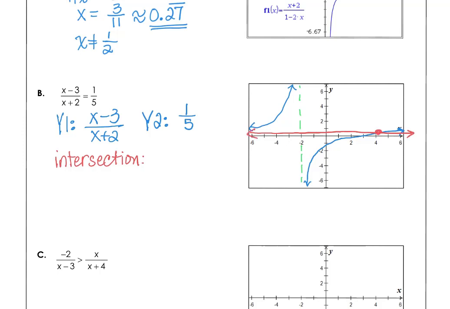And then using the intersection feature, they should intersect at 4 and 1/4, and 1/5, which is 2/10. So we intersected at 4.25 and 0.2. That's right there.